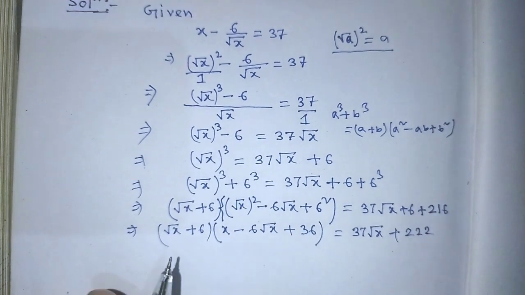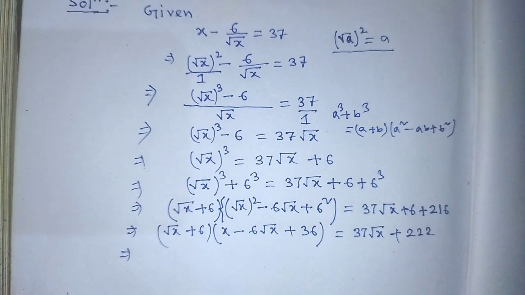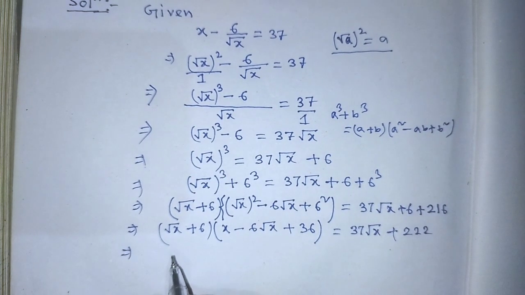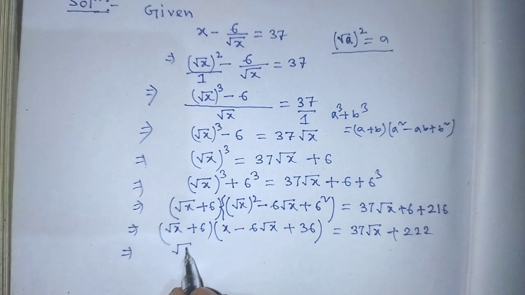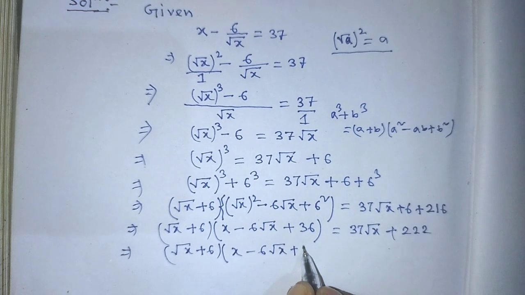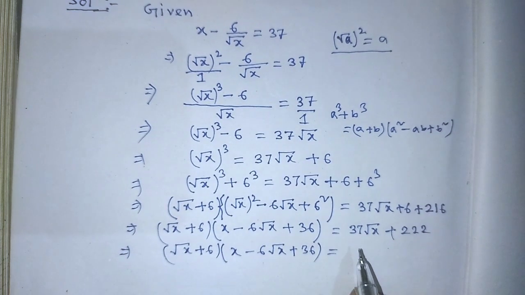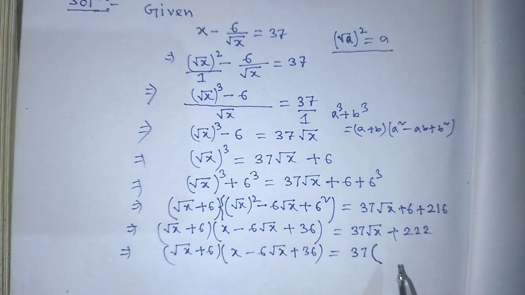After that, on the left hand side we have to write (root x plus 6)(x minus 6 root x plus 36) is equal to, on the right hand side we have to take common 37 from two terms.